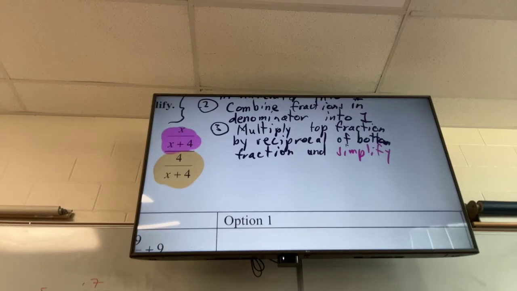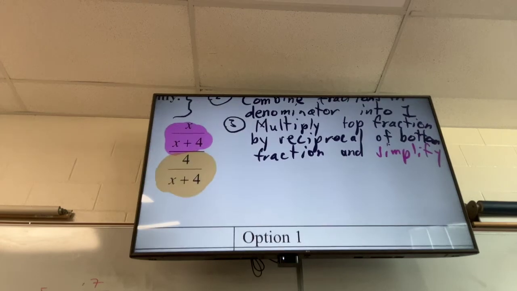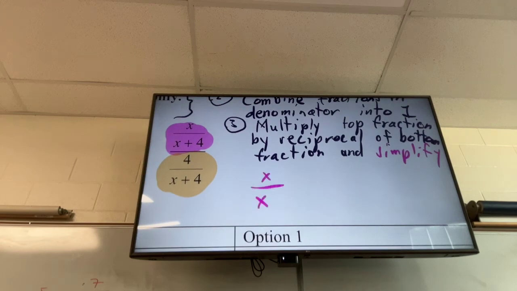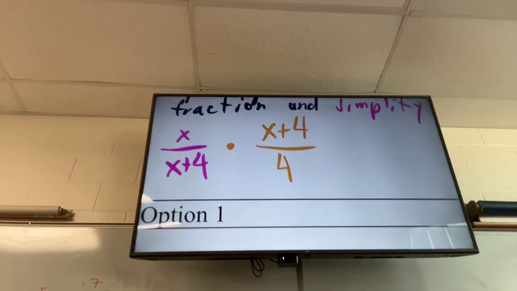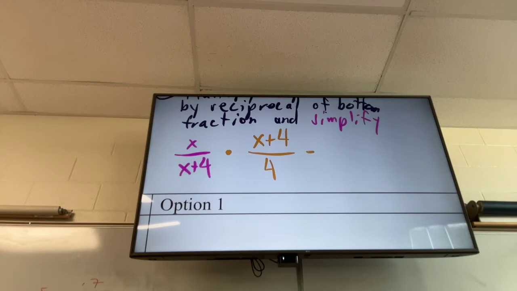So the third step is what? Multiply the top fraction, that's x over x plus 4, by the reciprocal of the bottom fraction. What's the reciprocal? You just swap the top and bottom. Good. Then we're going to simplify. We multiply straight across the top, straight across the bottom.